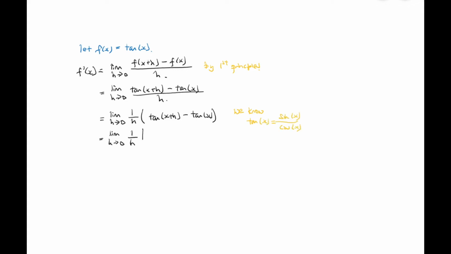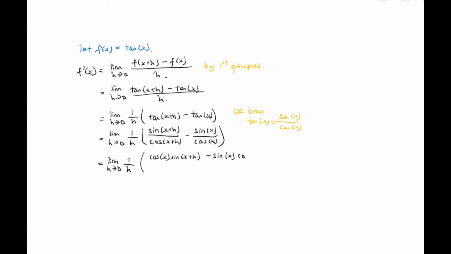And so that will be sine of x plus h divided by cos of x plus h, minus sine x over cos x. Right, now let's bring these two fractions together, making the same denominator. So it will be 1 over h, and that will be cos of x times sine of x plus h, minus sine x times cos of x plus h, all divided by cos x times cos of x plus h.